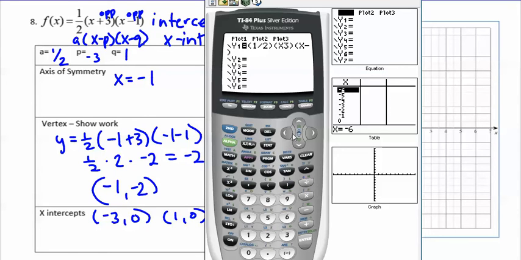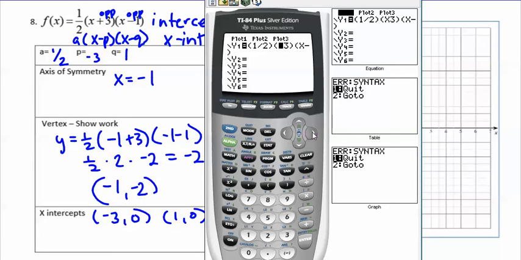Oops, it looks like I neglected a minus. So let's do second, insert. And that was supposed to actually be a plus. And let's graph. Oops, I forgot something else too. So that should be -1. And close parentheses. So graph that.